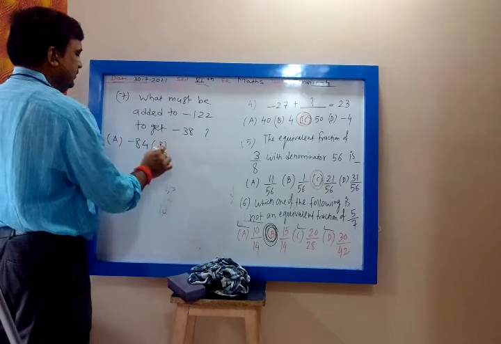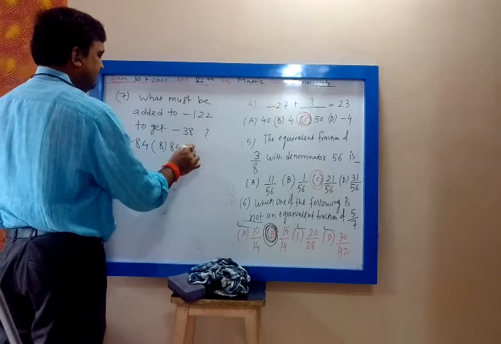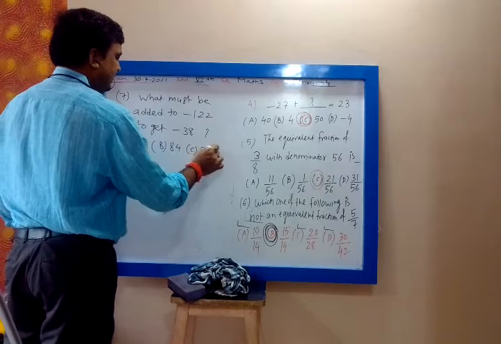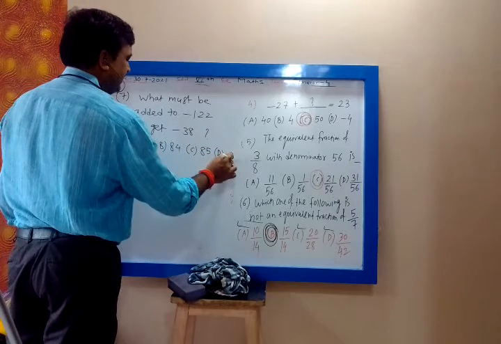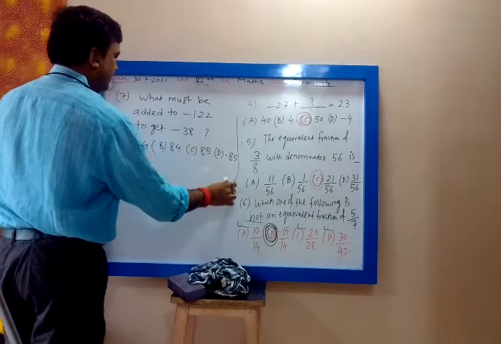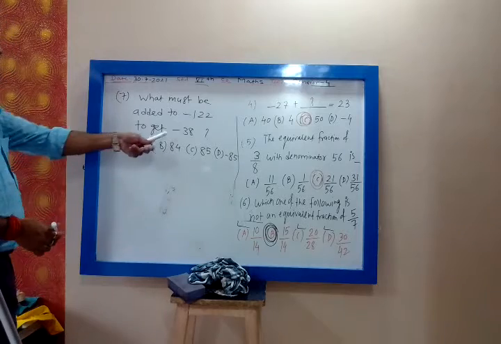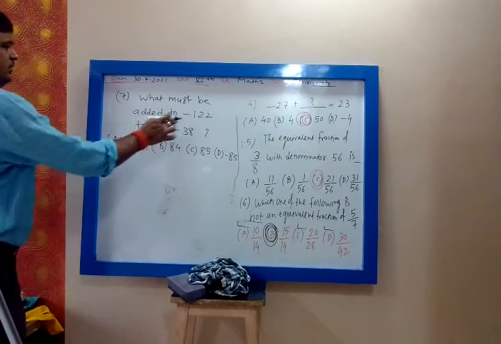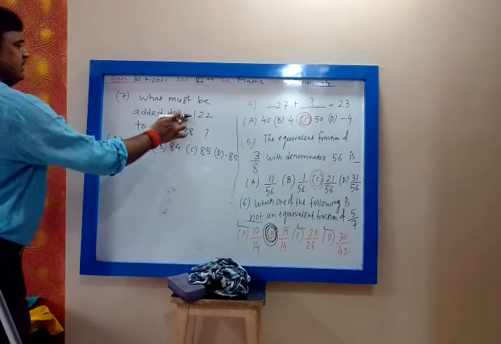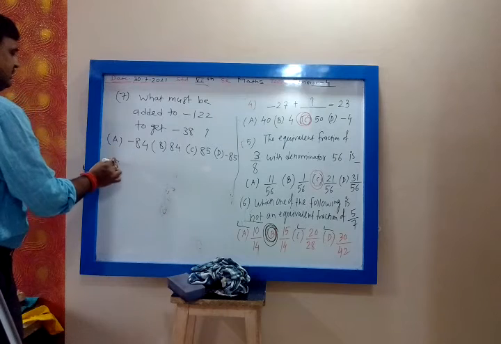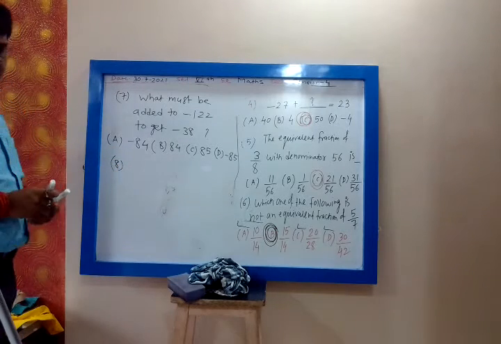A is minus 84, B is 84, C is 85, and D is minus 85. No, minus 122 and minus 38. So reading of the question is equally important.